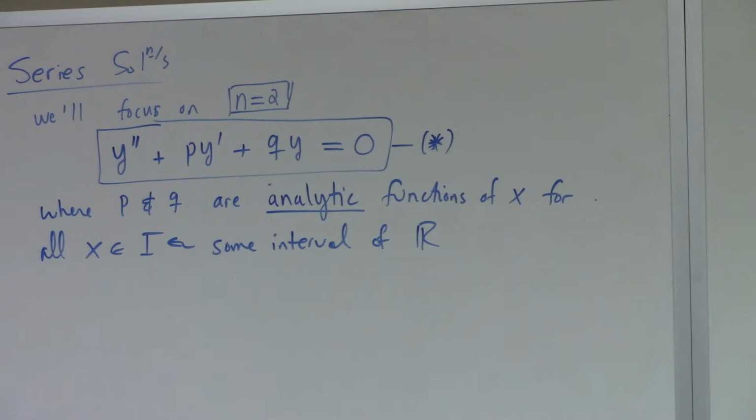To say that they're analytic, we're talking about real analytic. What that means is that those functions p and q can be expressed as power series expansions in x, and those series converge at all points in the interval I.